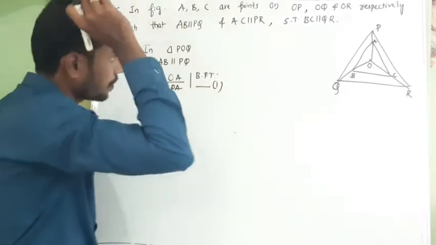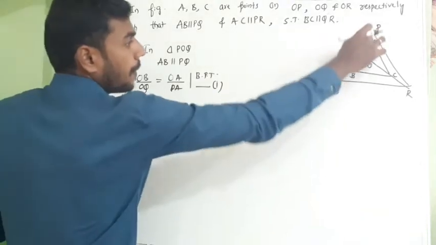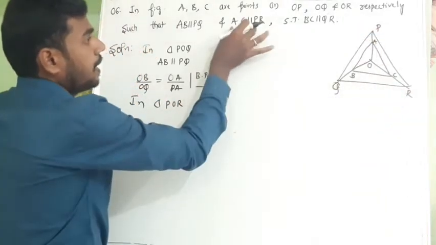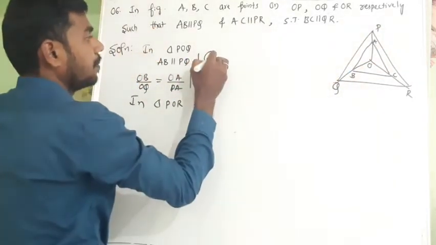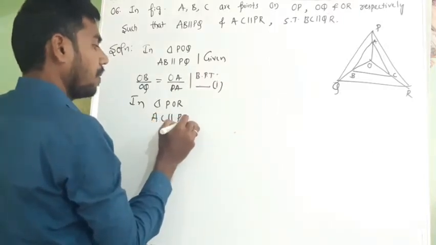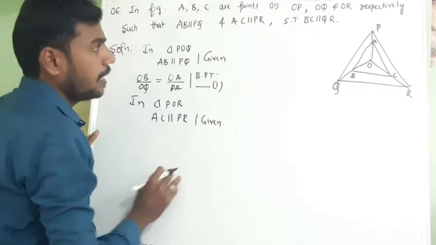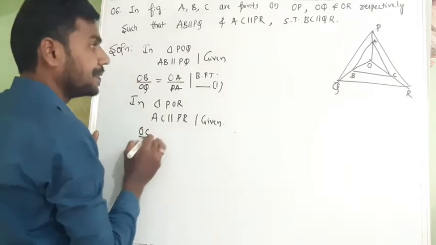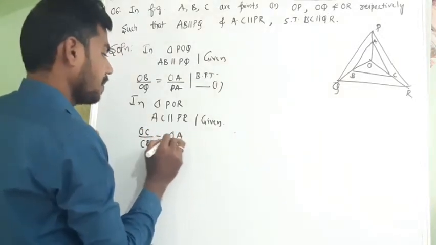Next, in triangle POR, AC is parallel to PR. This is given. Since AC is parallel to PR, I can write OC by CR is equal to OA by AP.